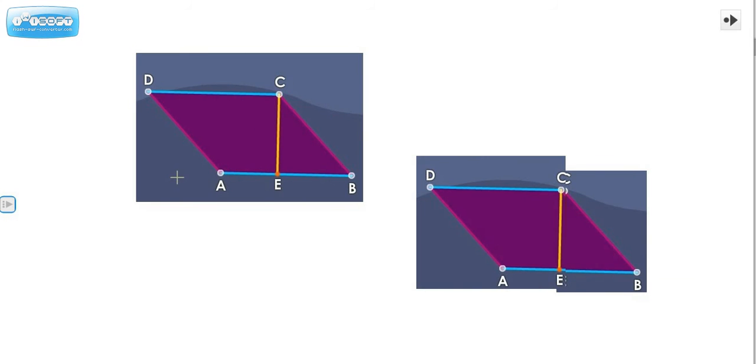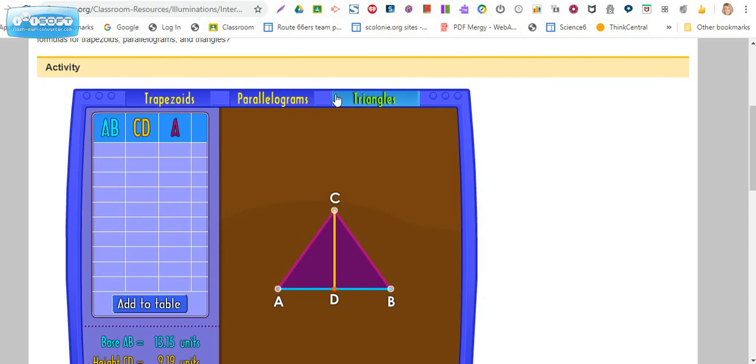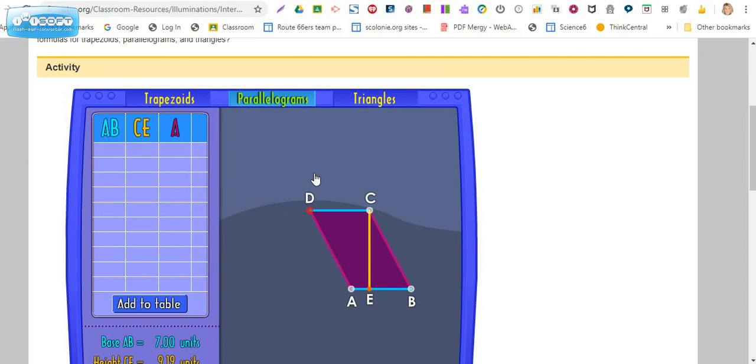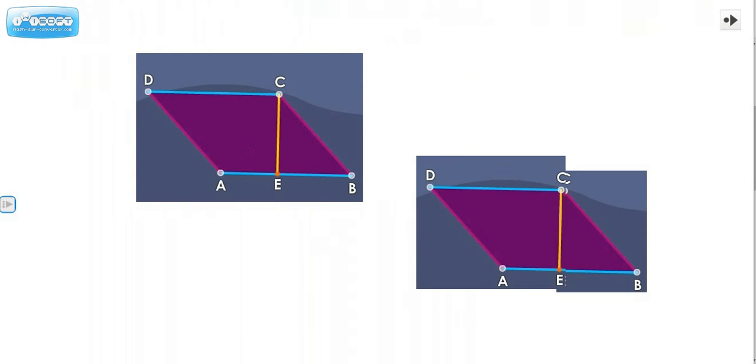Now if we take that same idea, I have this really great app that I really love, which I'm going to show you. It has trapezoids, parallelograms, and triangles. And if we look at parallelograms, see how it lets you manipulate this, and you can turn it and rotate it. You can even have the height of the parallelogram be outside of it. What I did is I used this app and I created a parallelogram, and I just want to show you that idea.